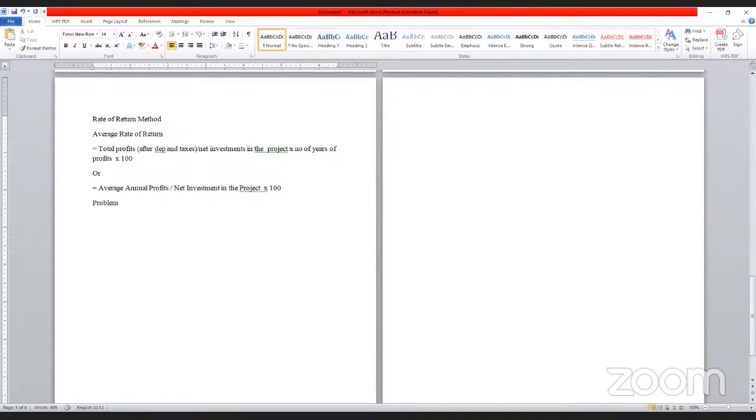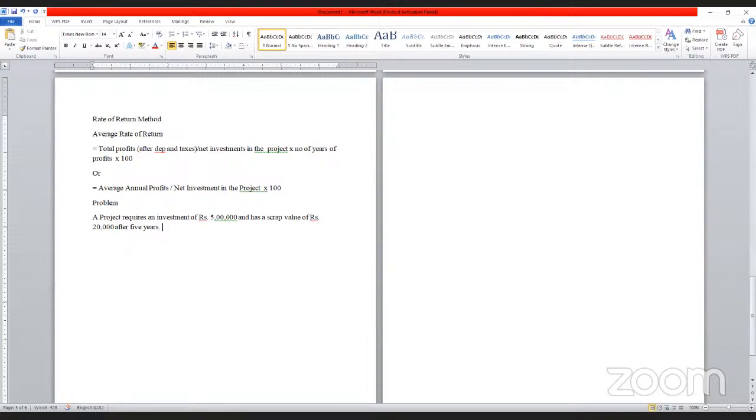Problem, take down. A project requires an investment of rupees 5 lakhs and has a scrap value of rupees 20,000 after 5 years.